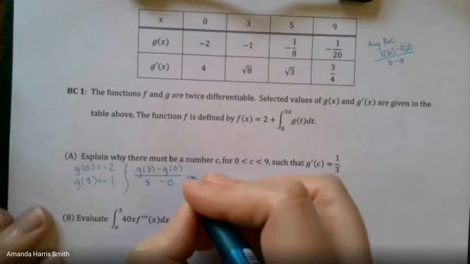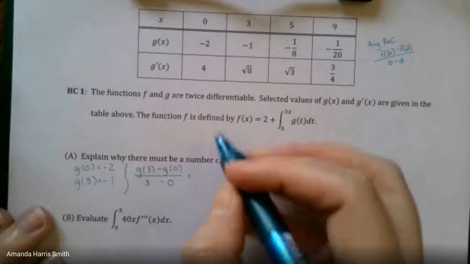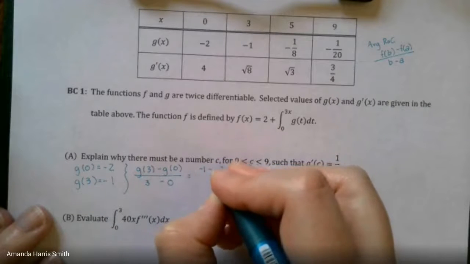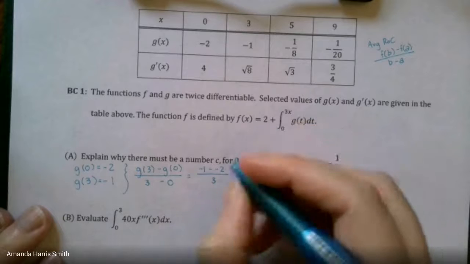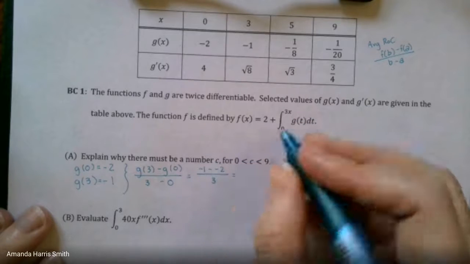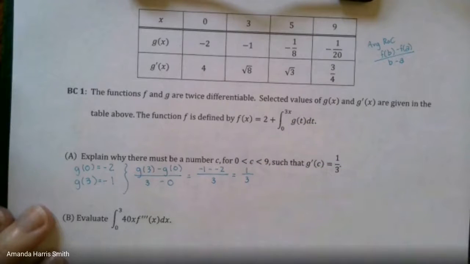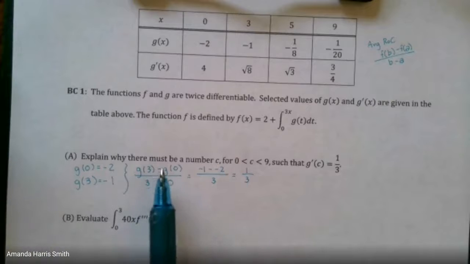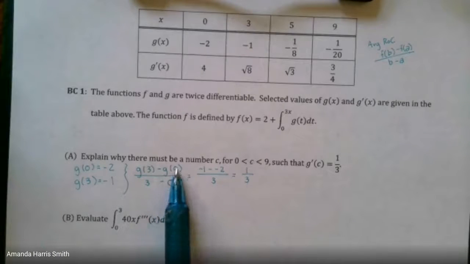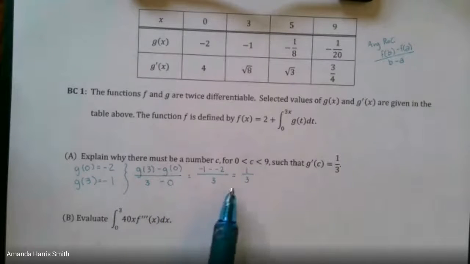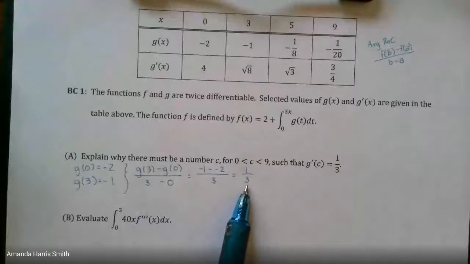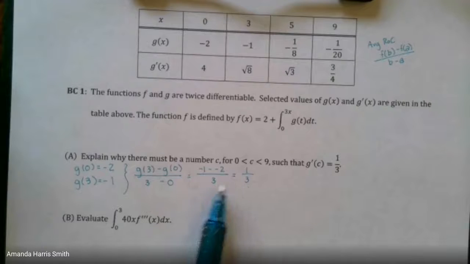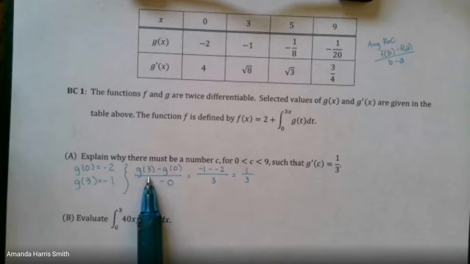Okay, and then I'm just going to plug in the actual values, right? So I've got -1 minus -2 over 3. Negatives cancel. That becomes positive 1/3. This is called a difference quotient because it is a quotient involving two differences. But right here, I have calculated the average rate of change from x equals 0 to x equals 3.